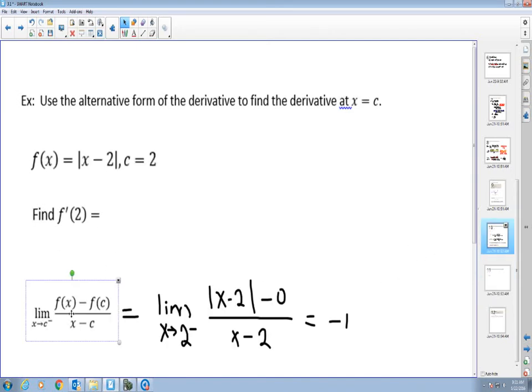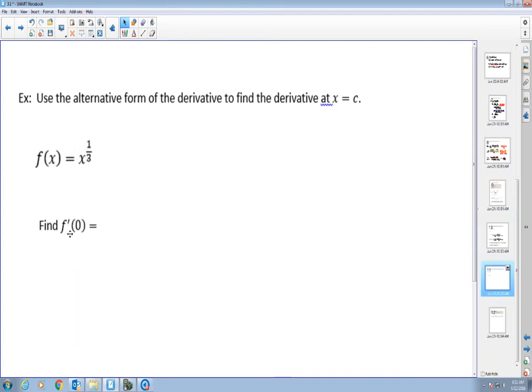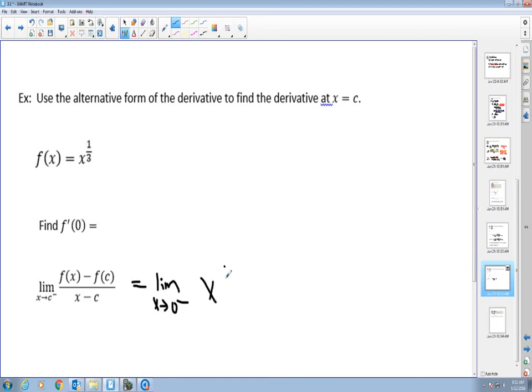So if I use the same process, I want to find f prime of 0. So the limit of x approaching 0, c is my 0, from the negative side, of x to the 1/3 over x minus c.